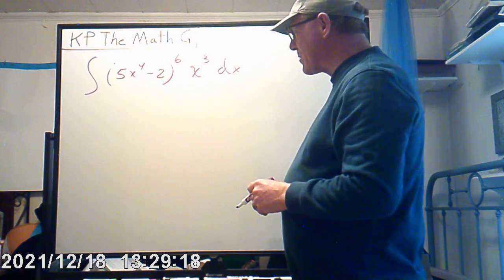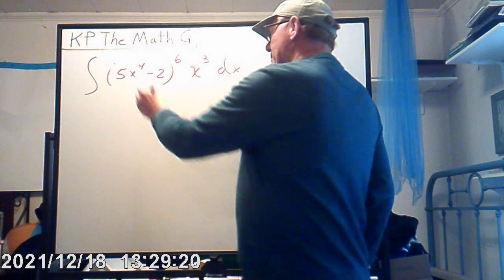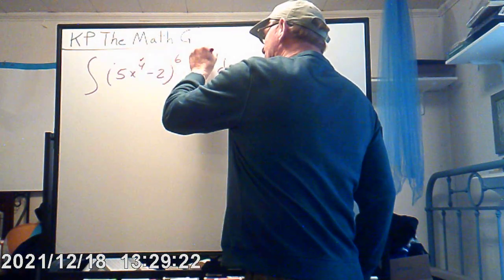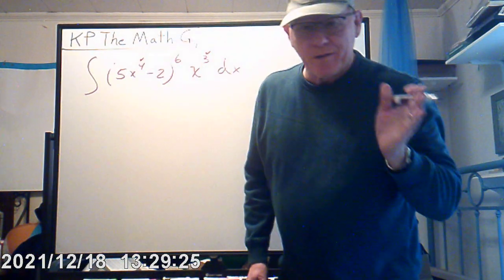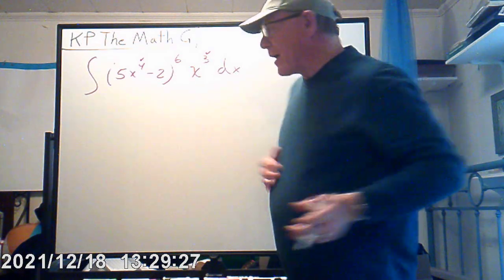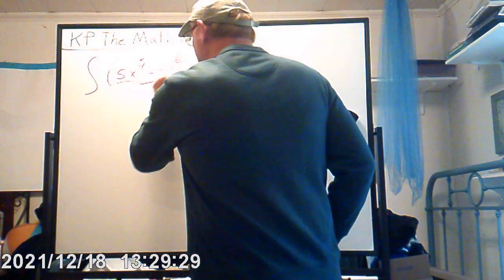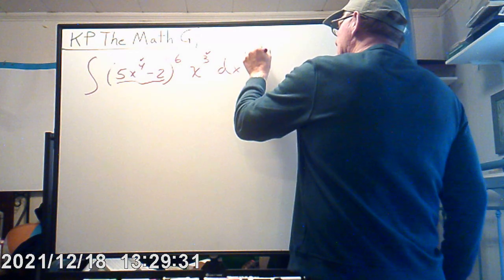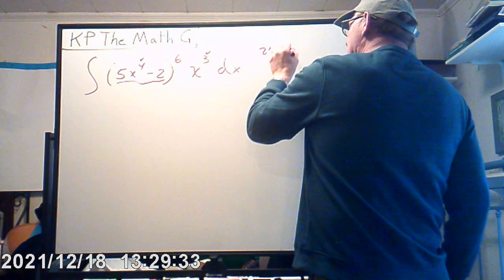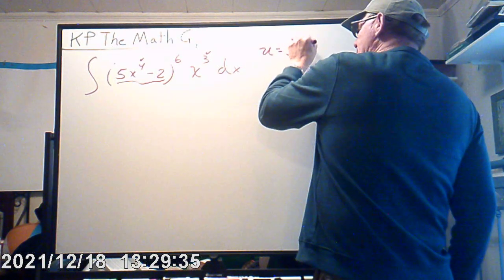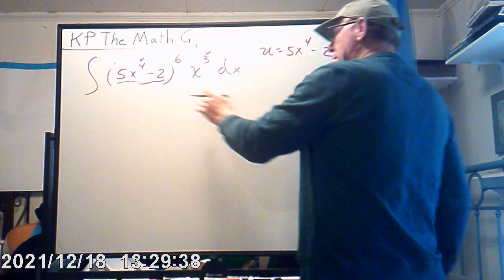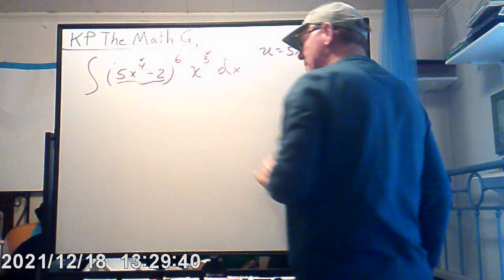Alright, so let's go ahead. Look here, a 4 and a 3. Substitution. Simple as that. The whole thing is u. So u is 5x to the 4th minus 2. Always look for that.